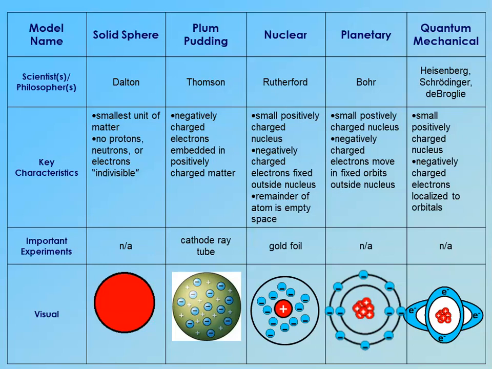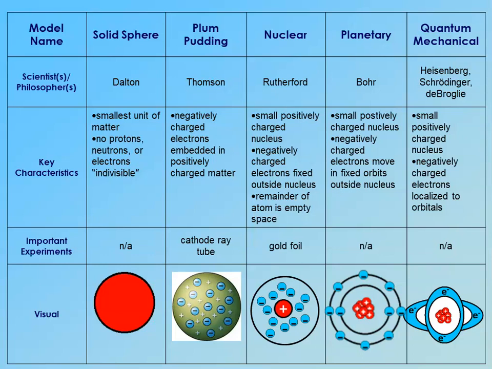And that's where the trio of Heisenberg, Schrodinger, and de Broglie came along. Based on the different characteristics they were able to describe, we have, at this point, determined that electrons are more likely to be found in generalized regions about the nucleus. And we call those probability regions orbitals.